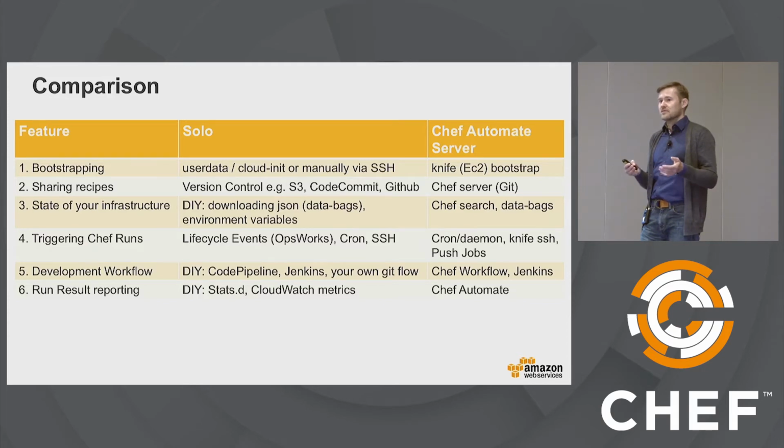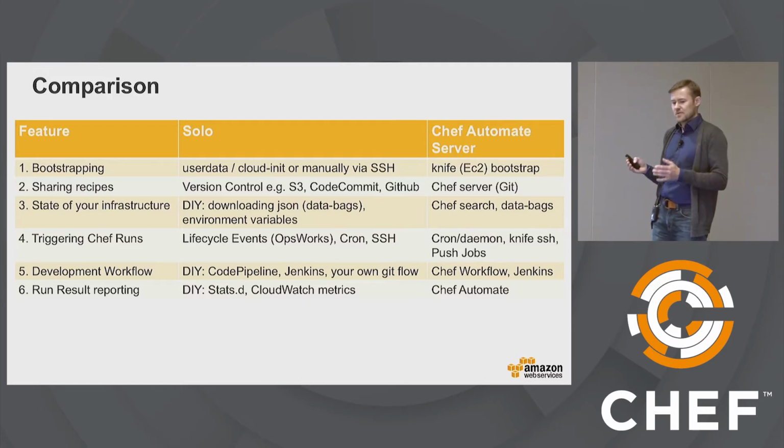Maybe you want to have certain environment variables set, you want to say for this environment I want to have this amount of node connections possible to my SQL server, things like that. You need to share that. You can have somewhere a storage of JSON data that you can grab and transfer into a database or anything else, but you need to take care of that yourself.